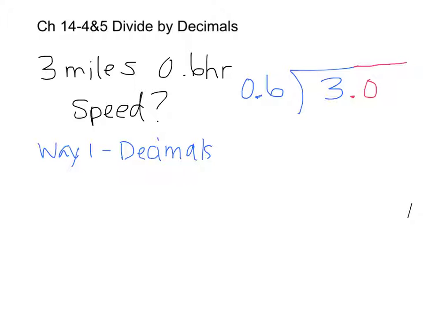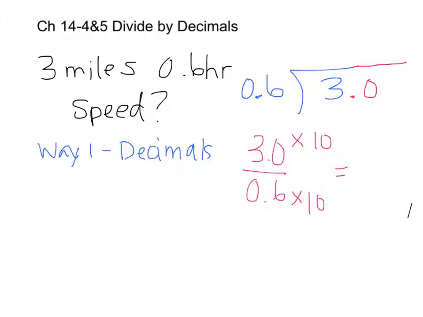Now, the reason why I'm going to do that is because you're going to multiply the divisor and the dividend by the same power of 10. Basically what I mean by that is I'm going to change 3.0 and 0.6 by multiplying by some power of 10, and in this case it's just 10, to get me whole numbers.